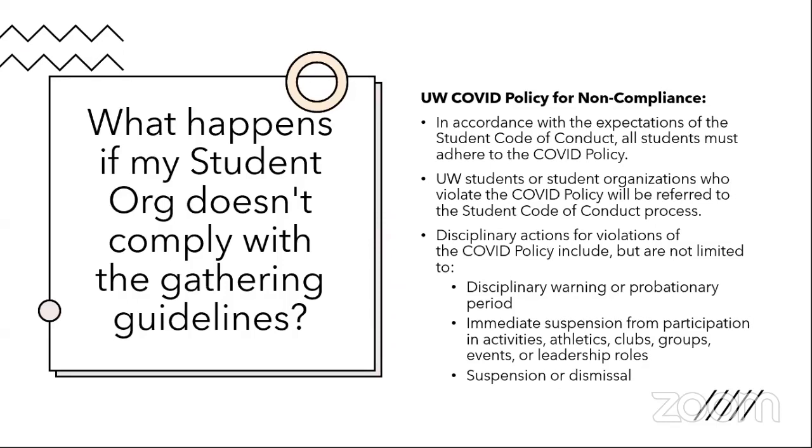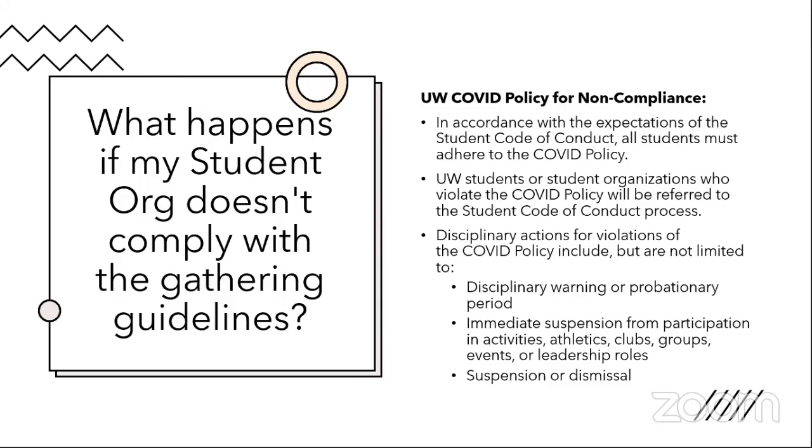So what happens if your student organization doesn't comply with the gathering guidelines? This is the basic UW COVID policy for non-compliance with any COVID guidelines. In accordance with the expectations of the Student Code of Conduct, you have to adhere to this policy.